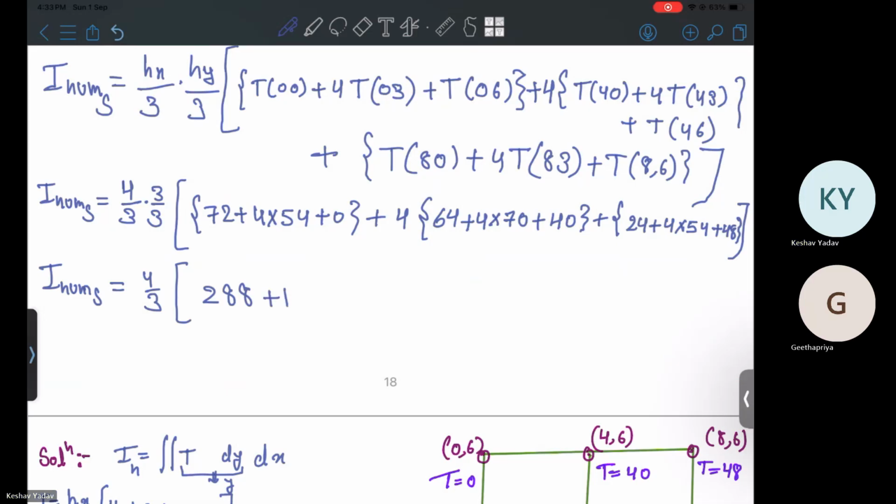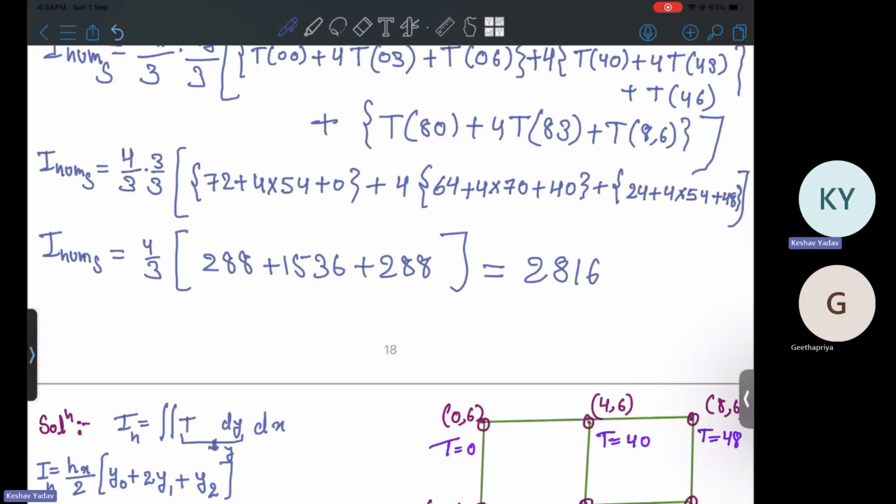The last one, what will be the value? 24 plus 4 multiplied by 54 plus 48. 288, now plus 288 plus 1536, multiplied by 4 divided by 3. So this is the value we have got, 2586.